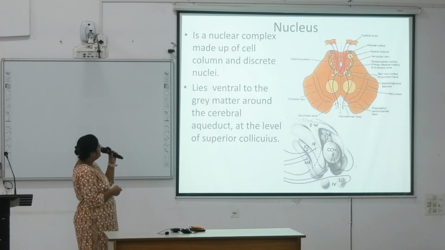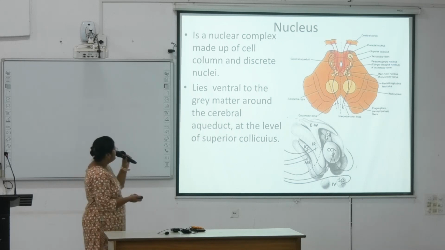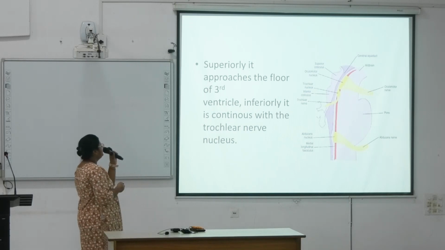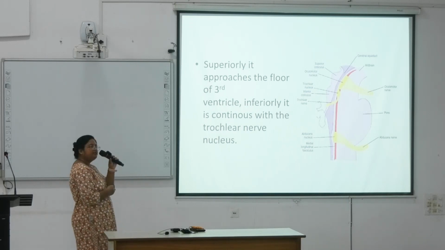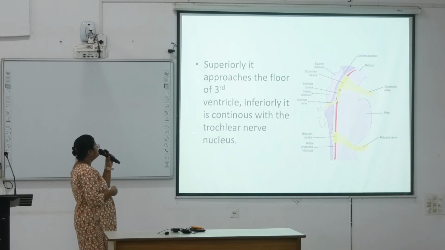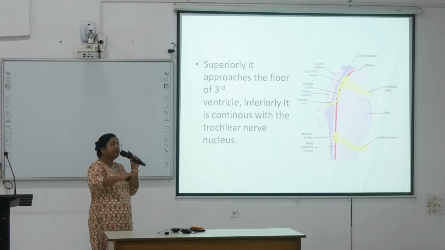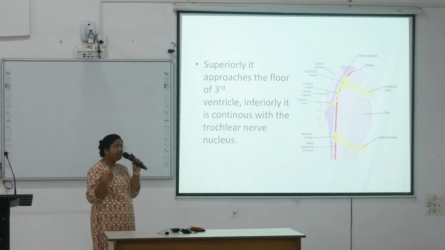Okay, it lies ventral to the gray matter around the cerebral aqueduct at the level of superior colliculus. These are the superior colliculi. See here. Next, superiorly it approaches the floor of the third ventricle, and inferiorly it is continuous with the trochlear nerve nuclei. So that was cross section or transverse section through the midbrain.